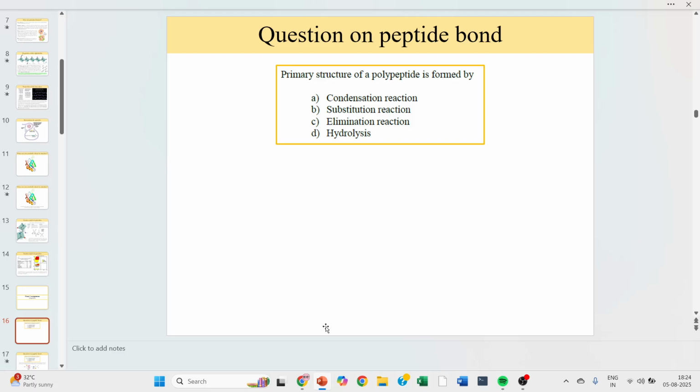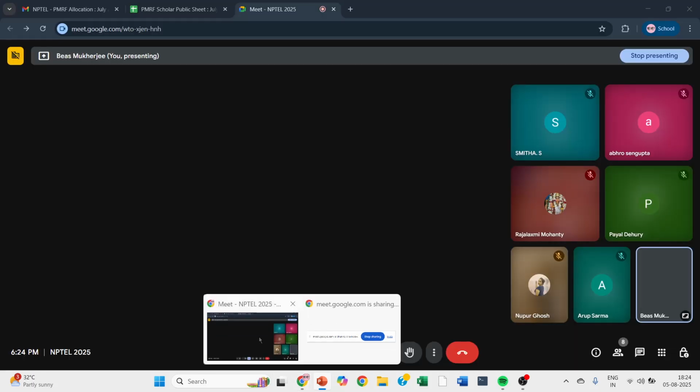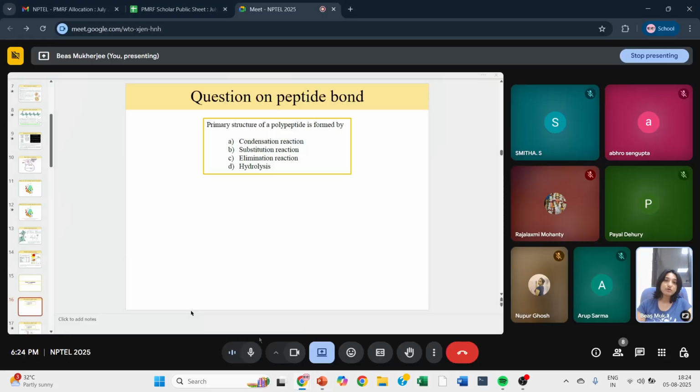Now we go for the assignment questions. This is a simple question at first. Try to solve this question. Primary structure of a polypeptide is formed by what kind of reaction? I'm sure you can answer this based on what we discussed in the previous class and what we have learned until now.